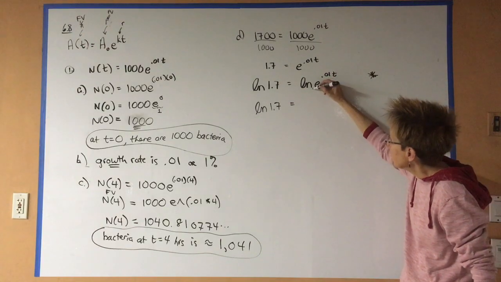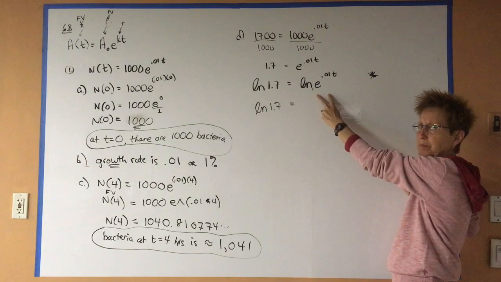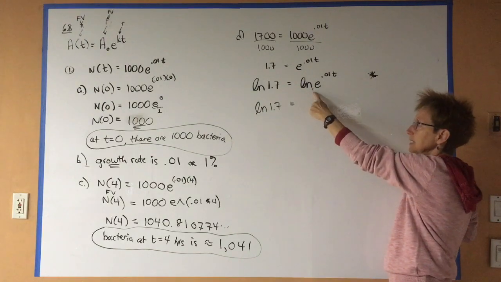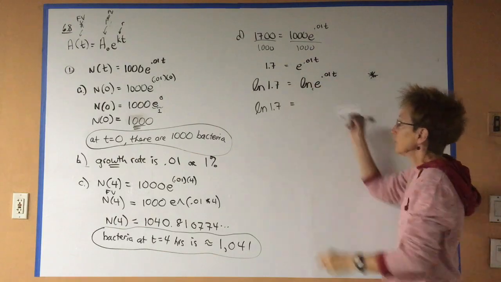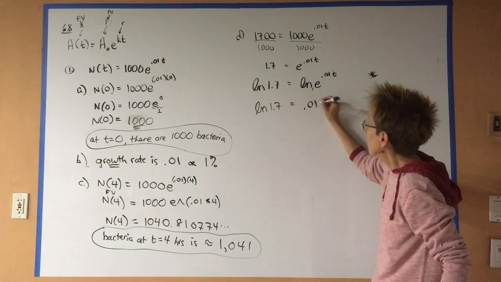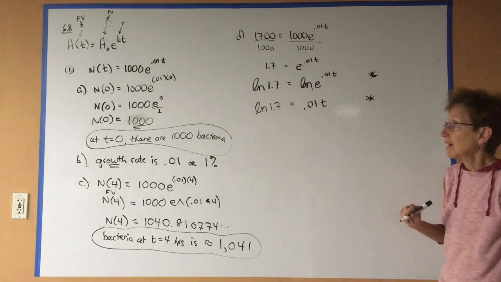This is an understood base of e, right? So which property do we have going on here? I think that was property 2, where you have ln base e, and then the argument has a base of e, and these undo each other, and you are just left with 0.01t. I want to see both of those lines, okay?